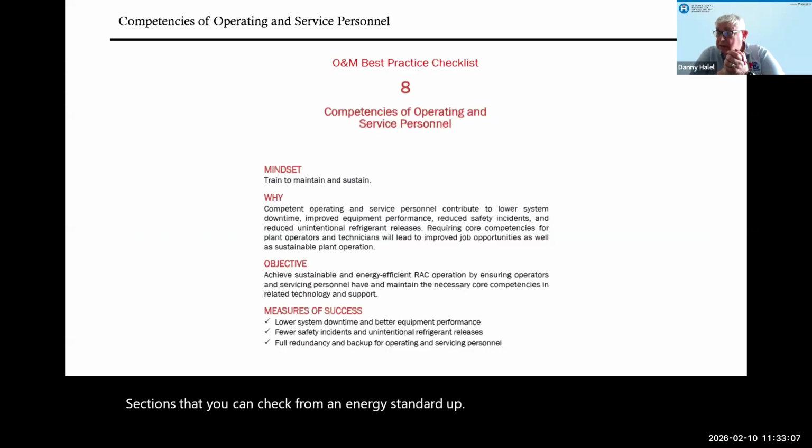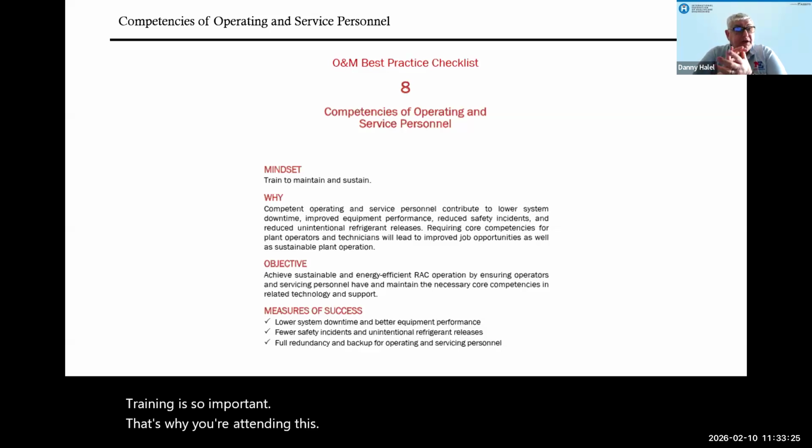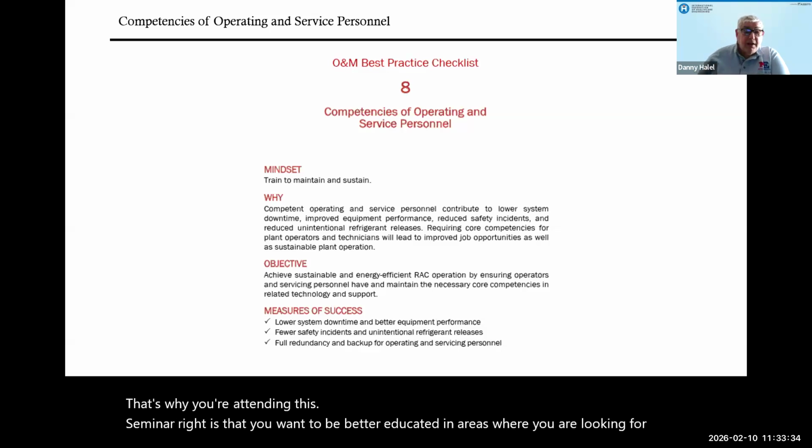One of the things that we also provide here are competencies of operating and service personnel. Training is so important. That's why you're attending this seminar, right? You want to be better educated in areas where you're looking for additional knowledge. Why?